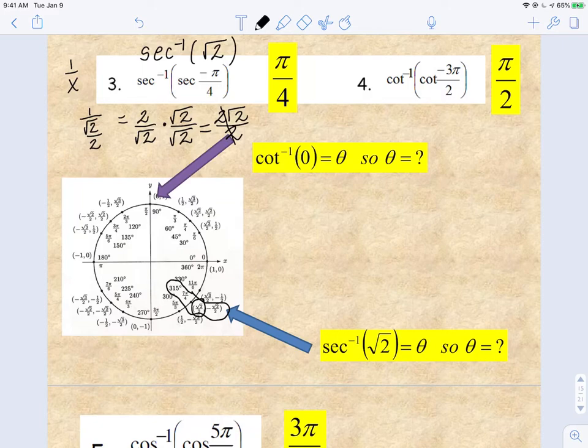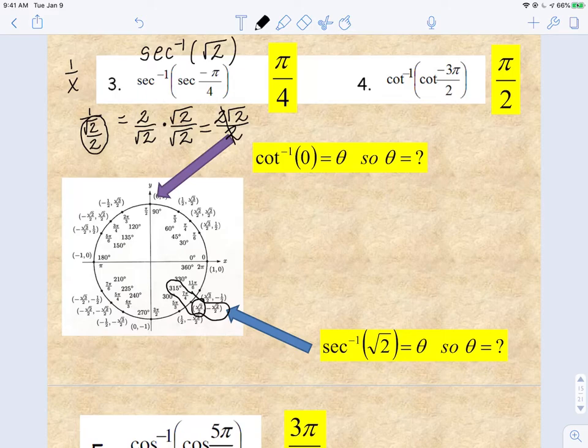So now I've got to try to find the angle that has a secant of root 2. And remember, secant, like cosine, is restricted to the first and second quadrants. Since the square root of 2 is positive, I know I'm going to be looking in the first quadrant. So how will I get the square root of 2 with secant? Well, the way I got it a second ago is my x value was root 2 over 2.